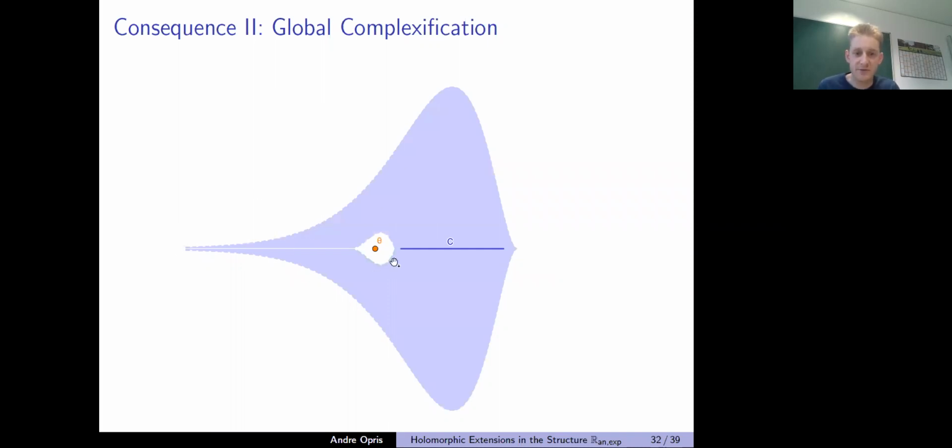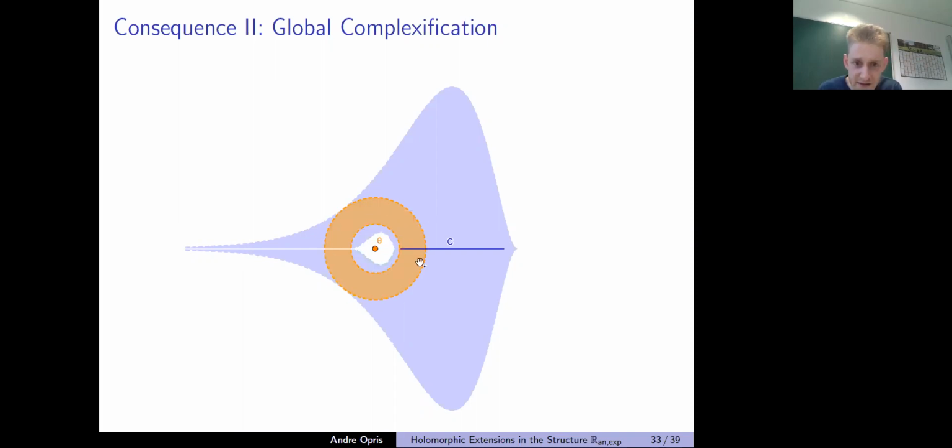Then it's a much more complicated set than in the globally subanalytic case. Here you have not an annulus in general, but a more complicated set. Here you have also the slice, and here you have also the gap, which you have to fill by results on integration. But note that you have to determine a suitable domain for integration.